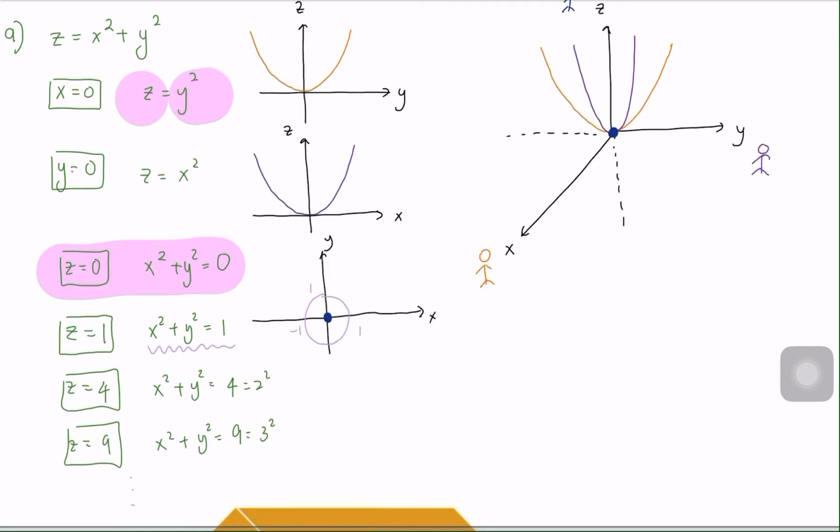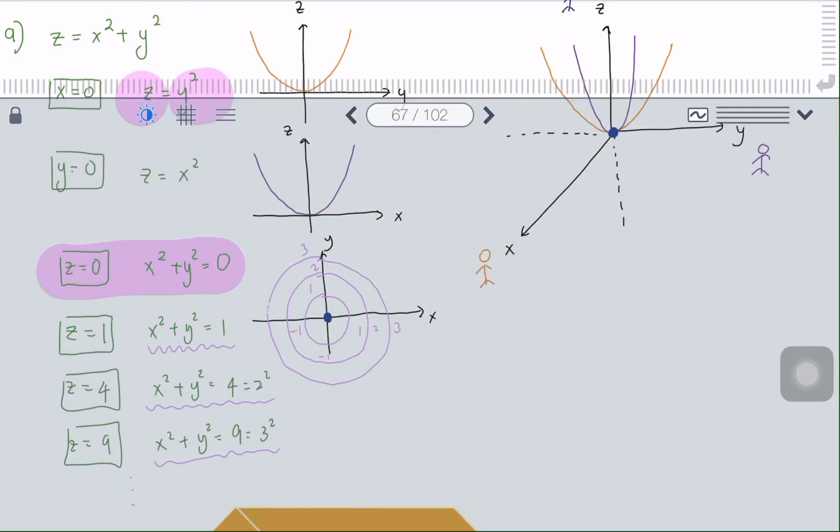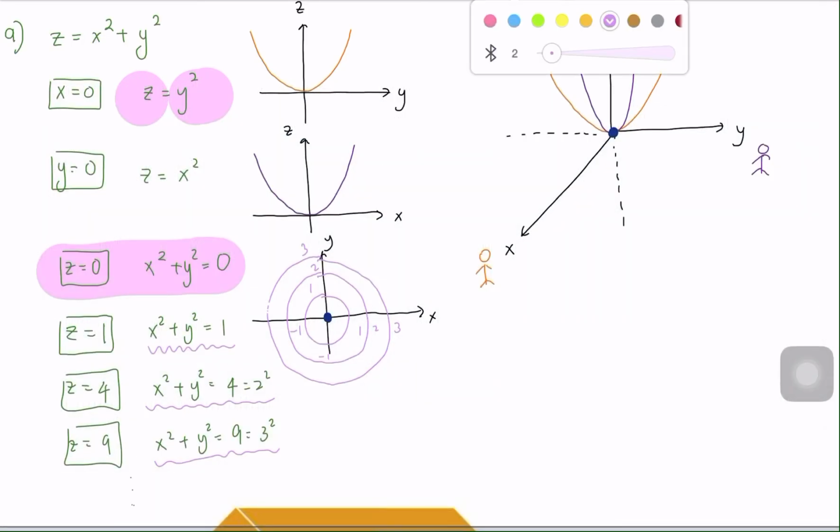For x squared plus y squared equal to 2 squared, z equal to 4, the radius is 2. For z equal to 9, x squared plus y squared equal to 3 squared, so the radius is 3. Basically, it is a circle.